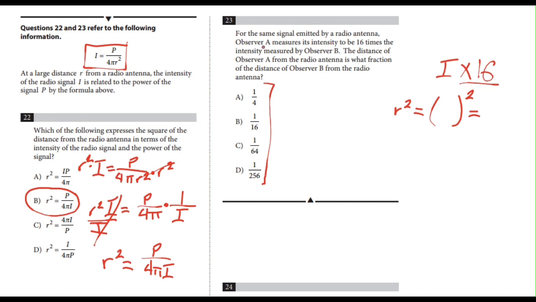The way that we get that is if we square 1 over 4. And since it's in the denominator, this will become 1 over 16, and it'll end up increasing the intensity of the radio signal by 16 times. So the distance will be 1/4 the distance.